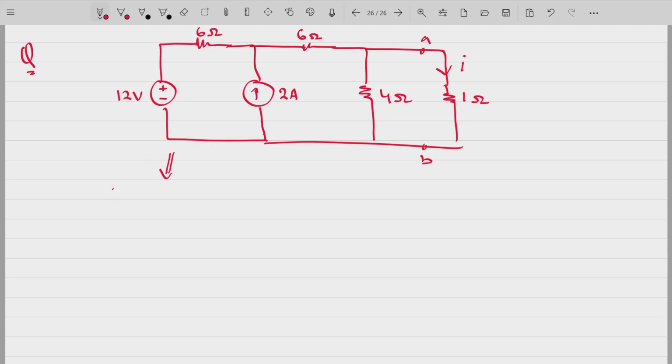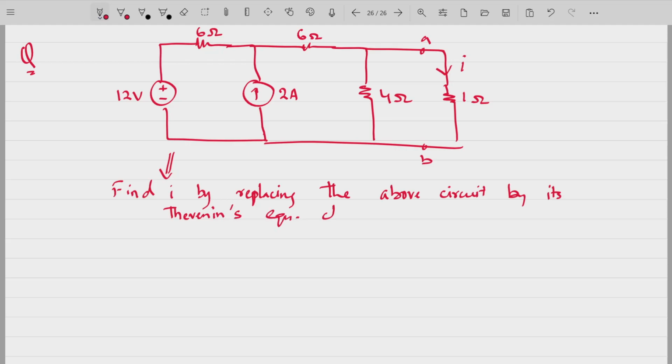Fine. We have to find the Thevenin's equivalent circuit of this and then find out the current I that is flowing through the 1 ohm resistor.